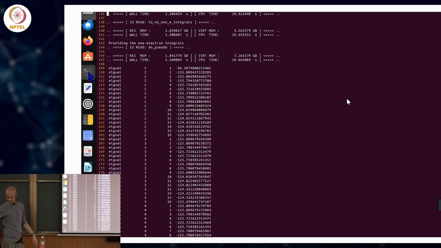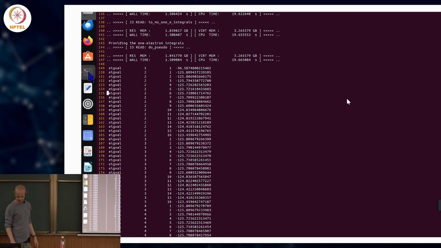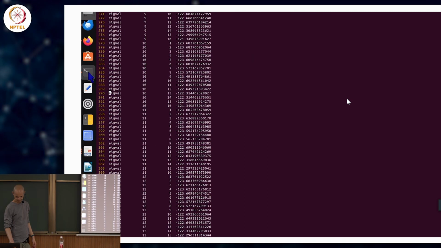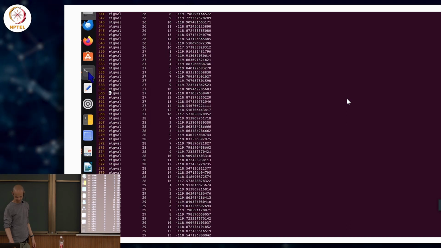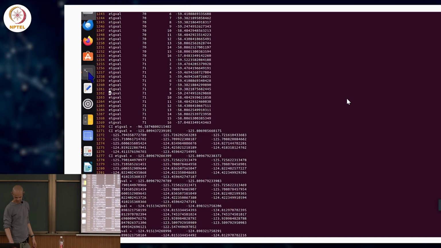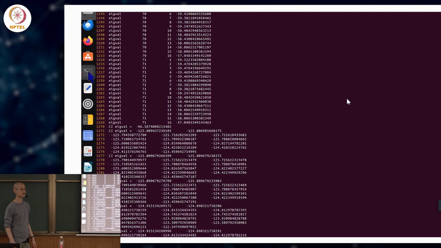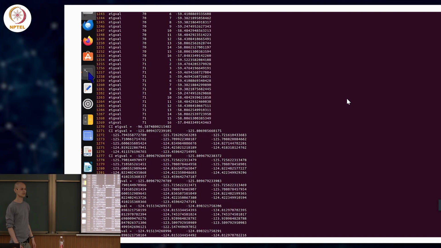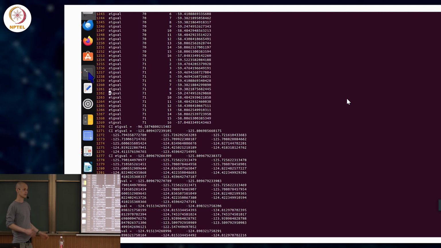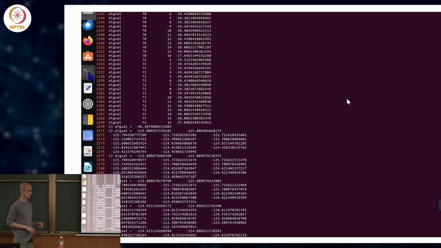And I have really a bunch of them, right? I have about 700 pseudo-continuum states, okay? But they have the wrong energy, so that's what I drew before.